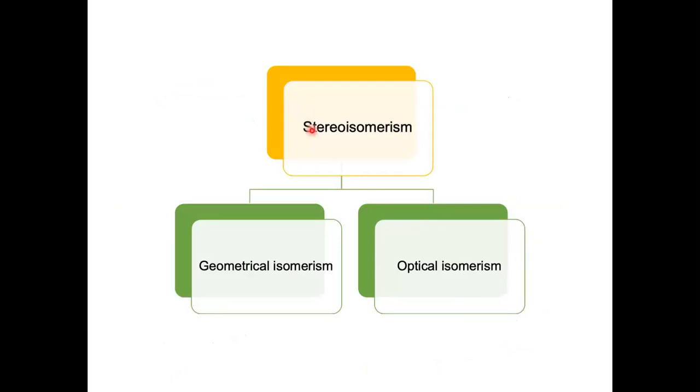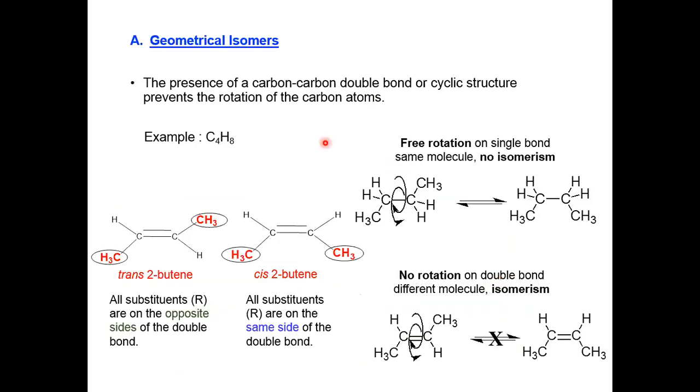Okay, stereoisomerism can be divided into two groups: geometrical isomerism and optical isomerism. First one, geometrical isomers. The presence of a carbon-carbon double bond or cyclic structure prevents the rotation of the carbon atoms. So for example, C4H8.